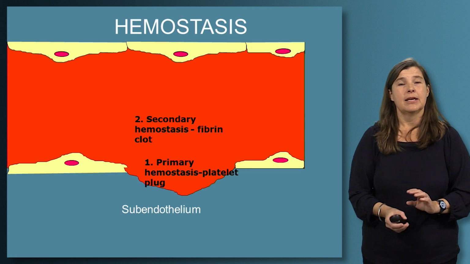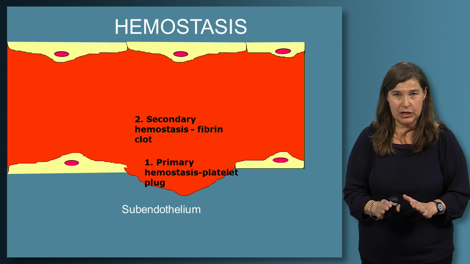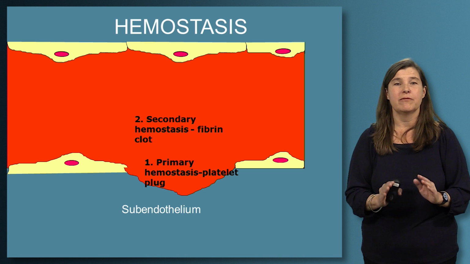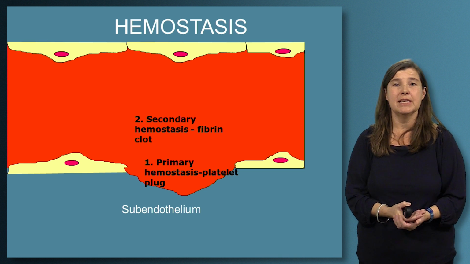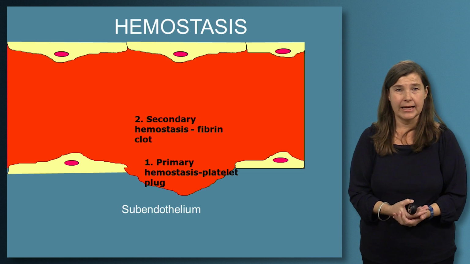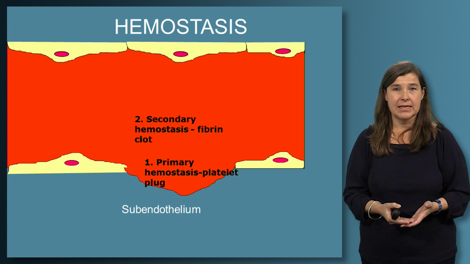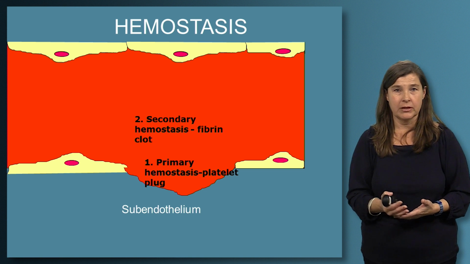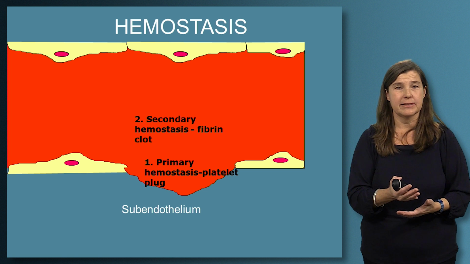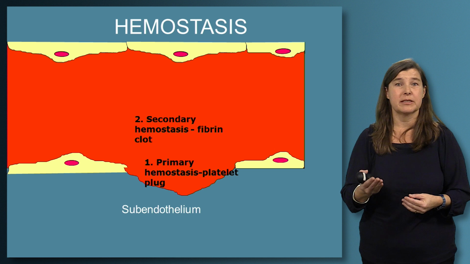Okay, now these very simple animations that I have here are just to try to focus on the main concepts. And in this picture, you see a blood vessel, and it's lined by endothelial cells. But here you see that something has come along and ripped open the blood vessel. The endothelial cells have been lost, and the subendothelium has been exposed.